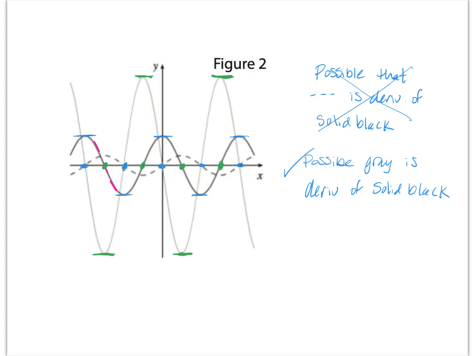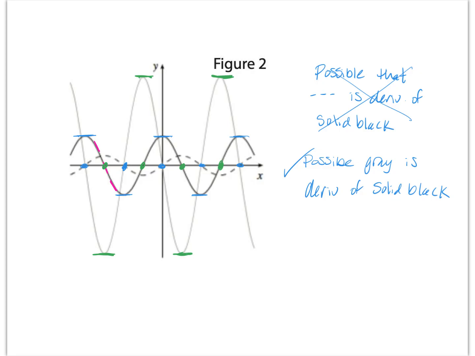Okay, so that means that the solid black must be the derivative of the gray. Okay, that seems unlikely that the gray is the derivative of the solid black and the solid black is the derivative of the gray. So it seems unlikely.